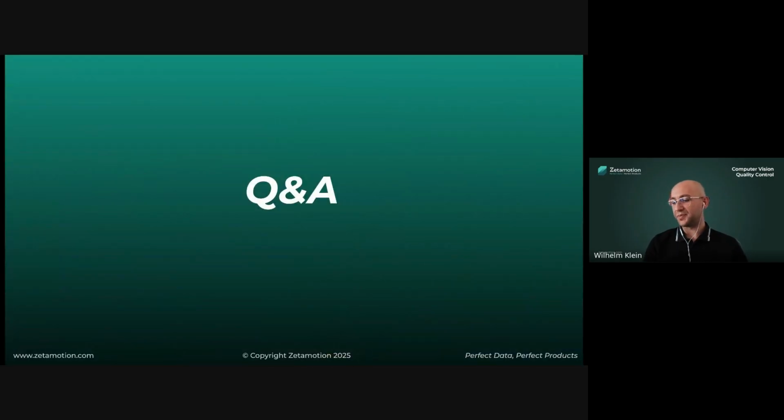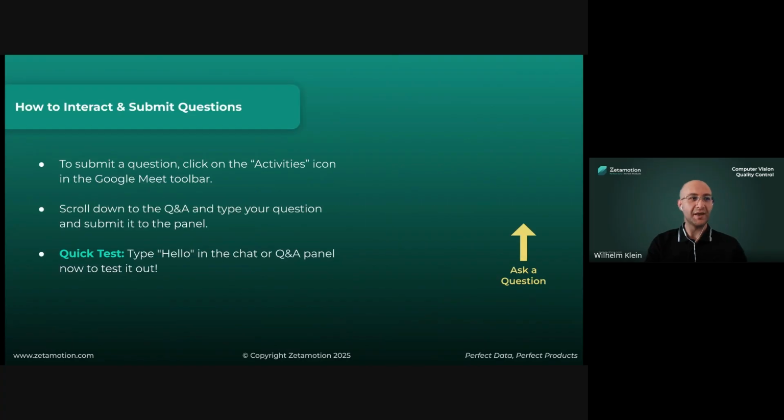Good. That's the misconception we wanted to talk about this time. We're going to have more in future iterations, but for now, we would like to open the floor for questions from you guys.